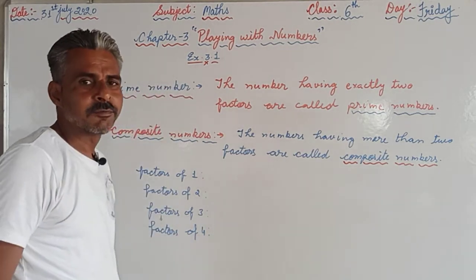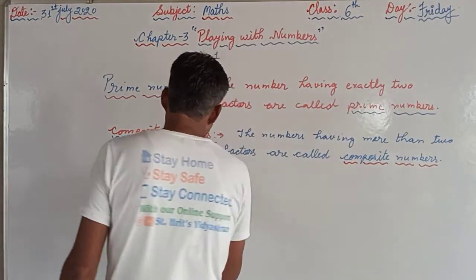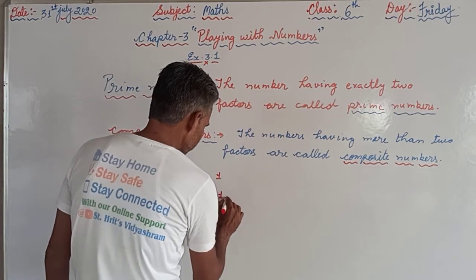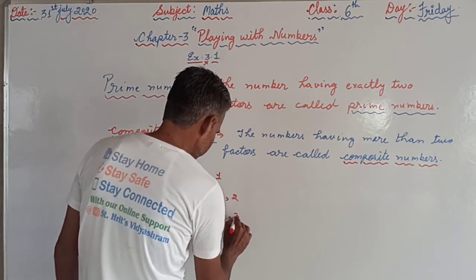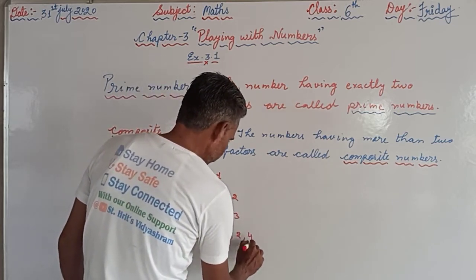We have taken the first 4 natural numbers. Natural numbers start from 1, so the factor of 1 will be only 1. The factors of 2 will be 1 and 2. The factors of 3 will be 1 and 3. The factors of 4 will be 1, 2 and 4.